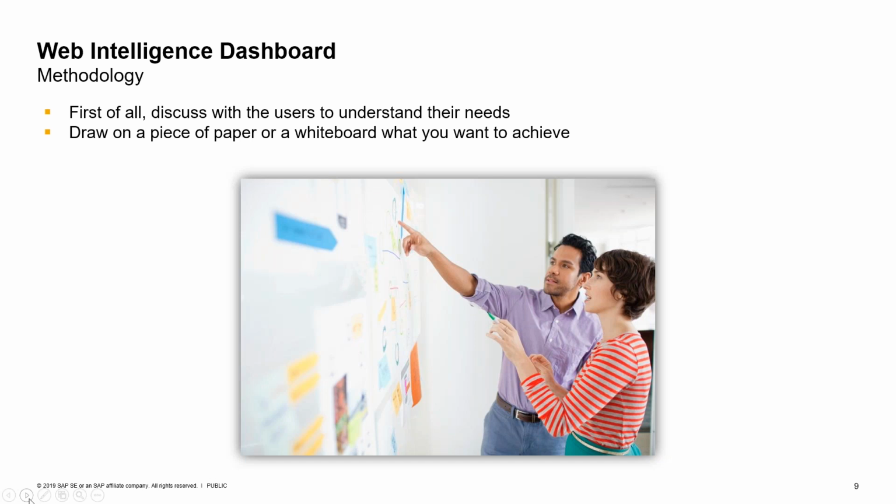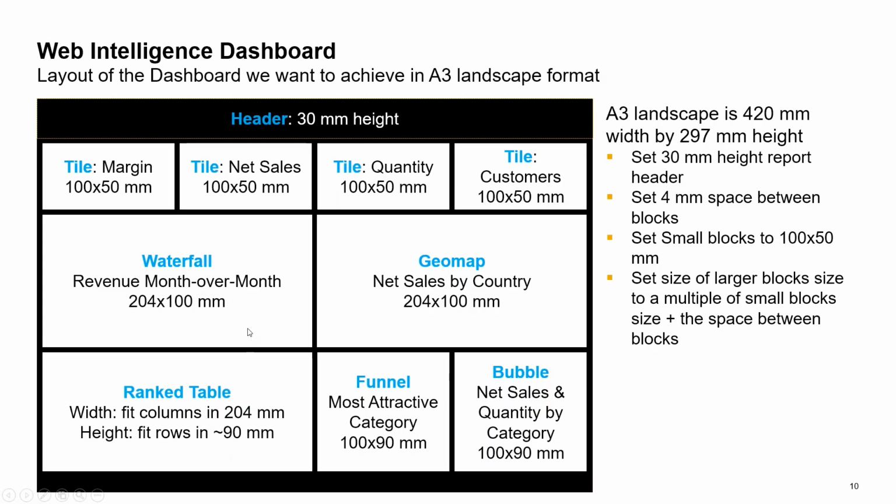So this is basically the work I've done on my side to prepare that dashboard. I drew on a piece of paper the layout I wanted to achieve from the report I just displayed on my screen, and this is the result of that layout. So the principle is fairly simple: I define the size of the biggest block on the dashboard.